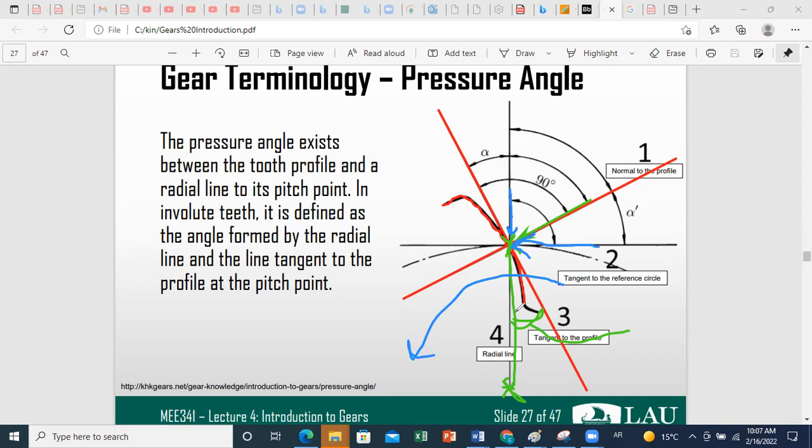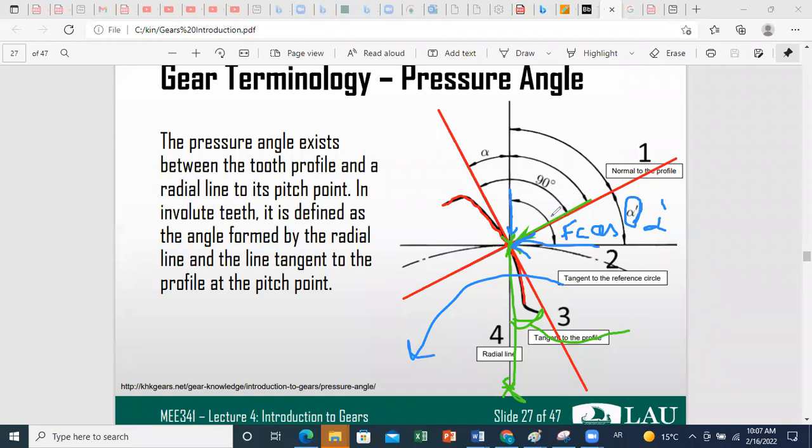This is why in general we try to have alpha not very large, to transmit enough power, because the useful component is F cosine alpha, or alpha prime here. The name is alpha prime here, and alpha prime here is equal to alpha.